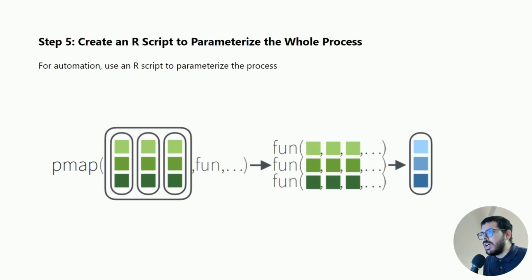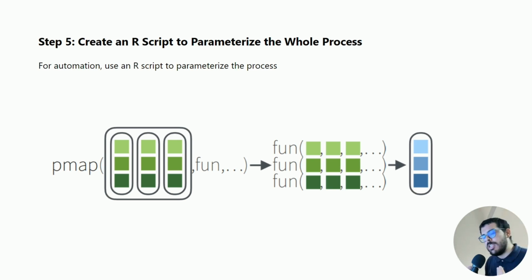Now, before we start actually crafting and connecting the dots together, in this section we are going to create an R script where the entire parameterization and the automation happen. And in order to do that, as we leveraged the map function, now we're going to use the pmap function, again from the purrr package from the tidyverse.